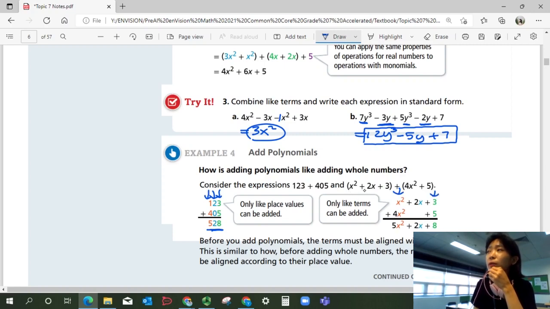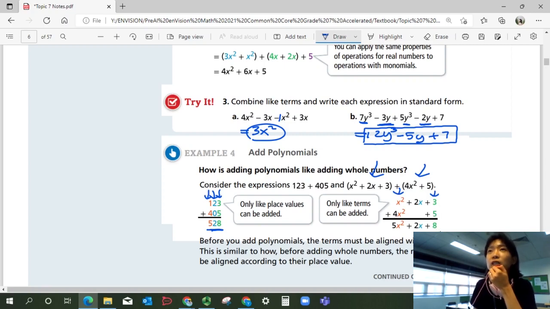So x squared plus 2x plus 3 is one polynomial. And then you want to add another polynomial, 4x squared plus 5. You can add the like terms for the degree that's the same and also the variables that are the same. So x squared plus 4x squared would be 5x squared. 2x is just 2x. 3 plus 5, you can add the constants and get 8.